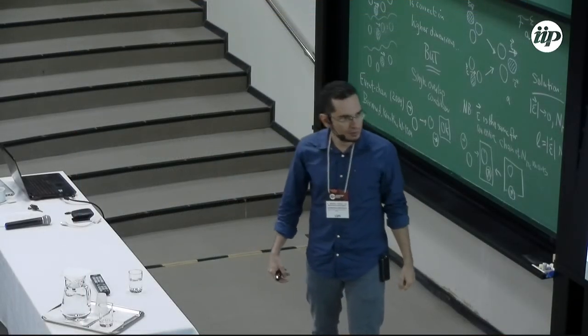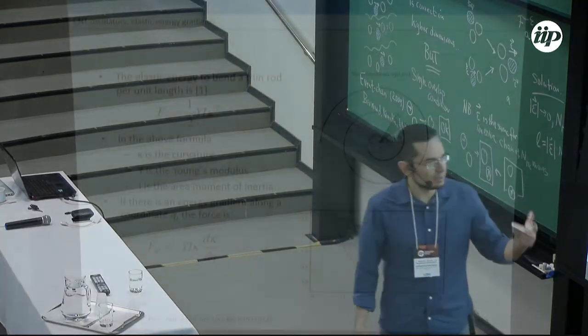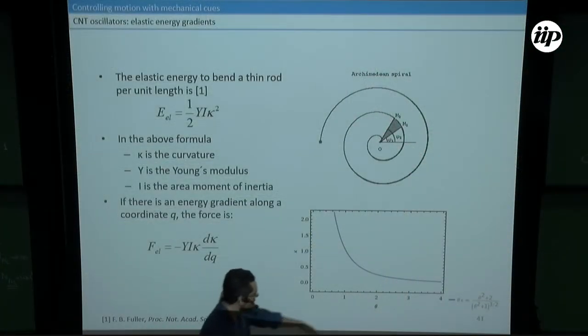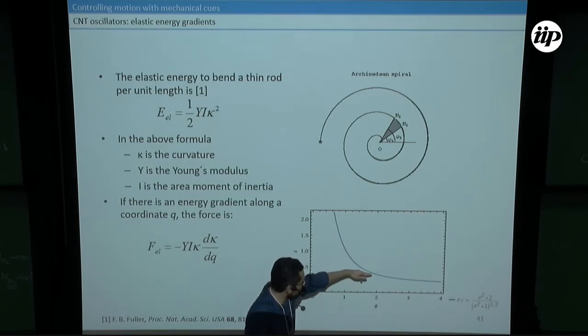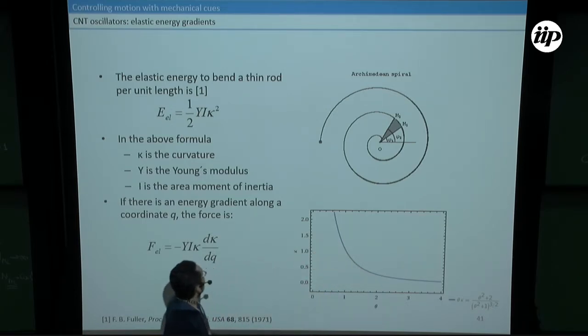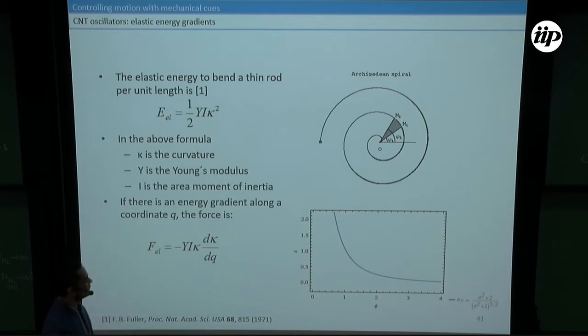The idea of using this kind of spiral is that you have a smooth gradient of curvature. As you move inside, it will constantly increase the curvature of the material, and consequently, the energy will increase as well. If you have a gradient of curvature, you also have a force that goes against this gradient of energy.